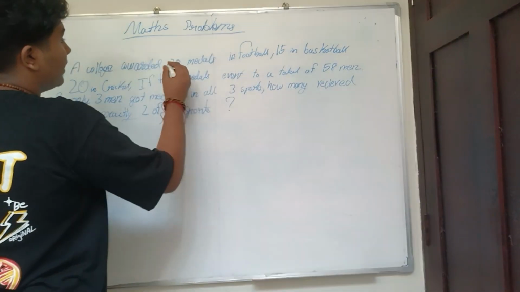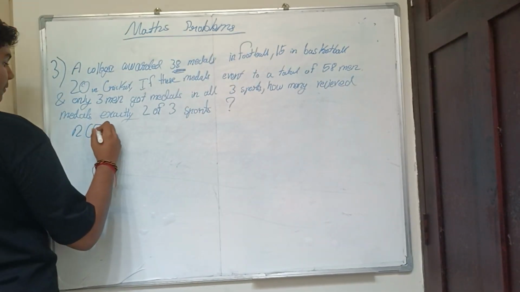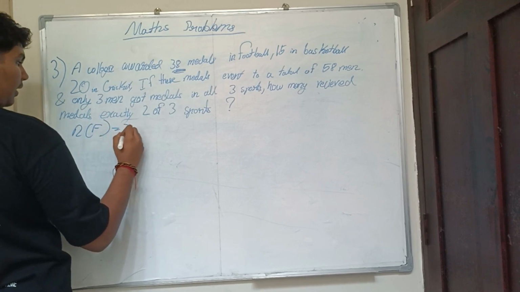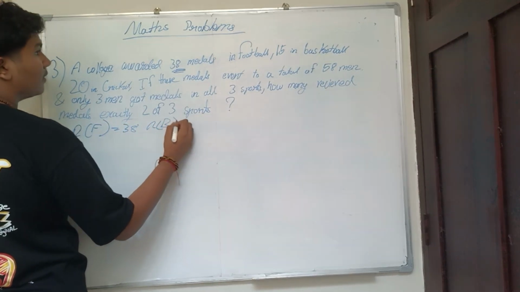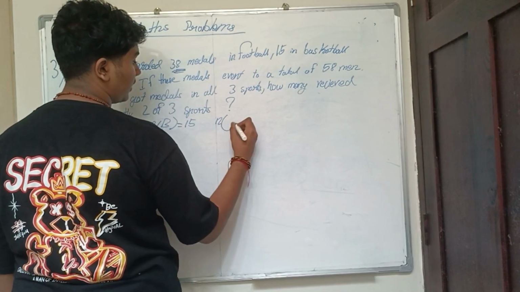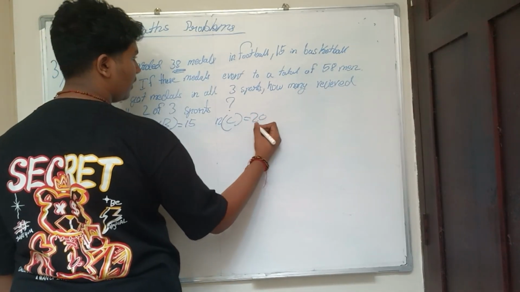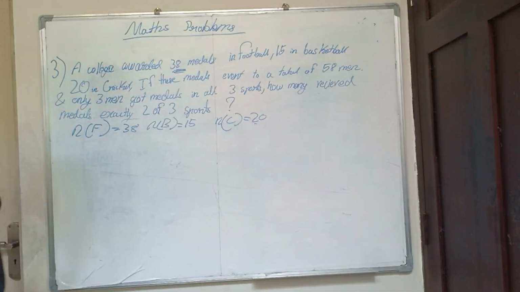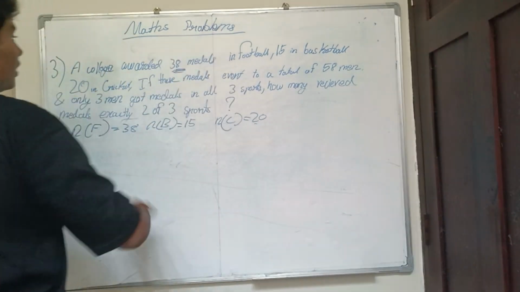So they said there are 38 medals in football. So n of F, we will take that as 38. n of basketball, B, 15. n of C, that is cricket, 20. Now they said the medals went to a total of 58 men. 58 meaning the total elements.